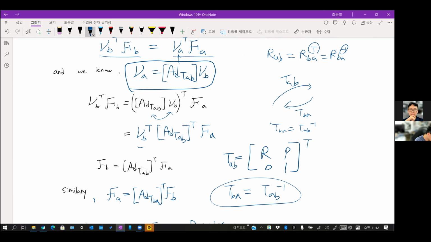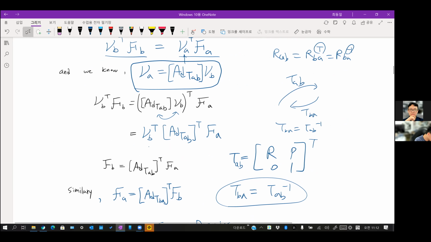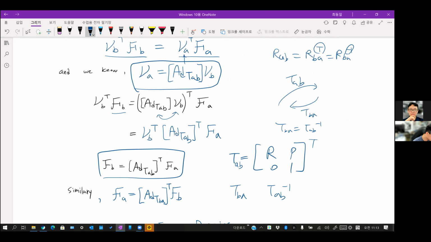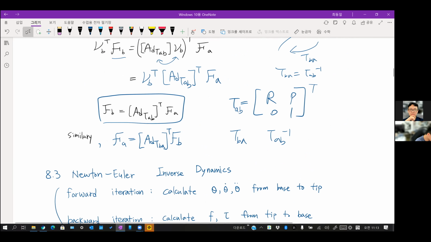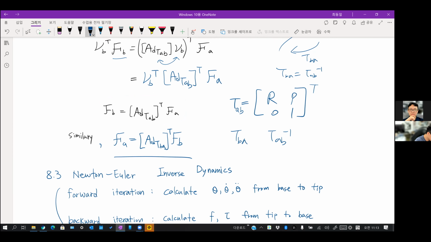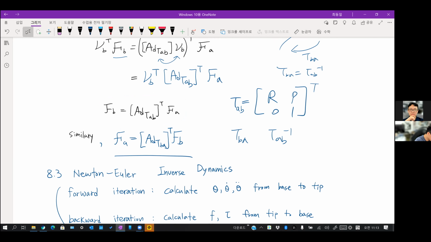And because this value is the same as this one, and then this becomes the same as this one, we can conclude this relationship. So as a result, if we want to transform the wrench in the B frame to the A frame, we can use the large adjoint with the transpose.